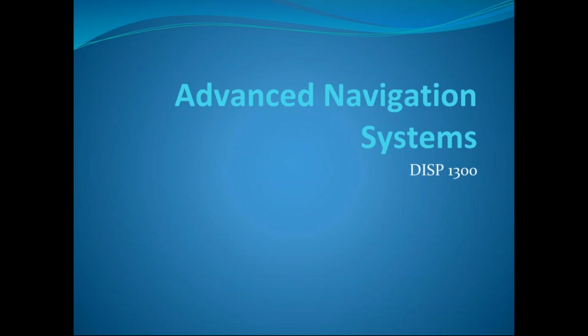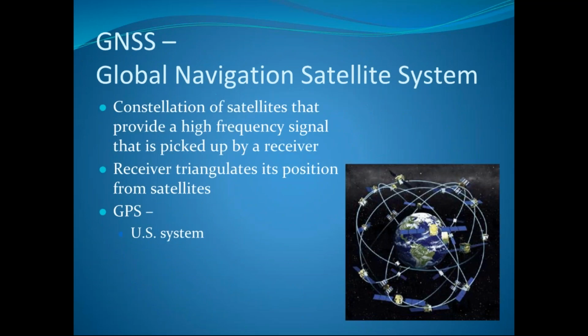Okay, advanced navigation systems. So RNAV was the first one. GNSS is our second type of satellite navigation. GNSS is a lot like the GPS you see in your car. It's very similar to that. Basically, it uses a constellation of satellites that provide that high frequency signal that is picked up by a receiver.